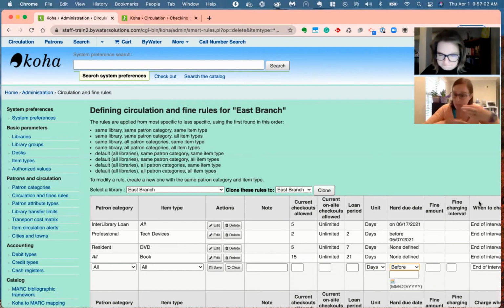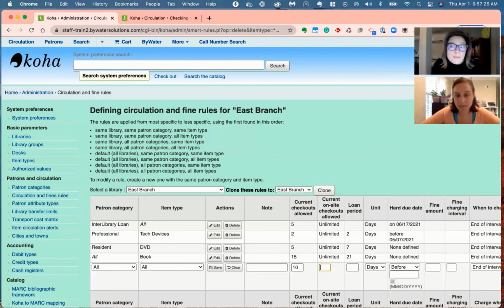So when you perform that circulation for your patron, it will look at your branch specific rules first. If it finds a rule there that matches, it'll use that rule. If it doesn't find that rule, then it will go look at those standard rules and see if something matches there. So keep those in mind when you're setting your circ rules up for a multi-branch system.